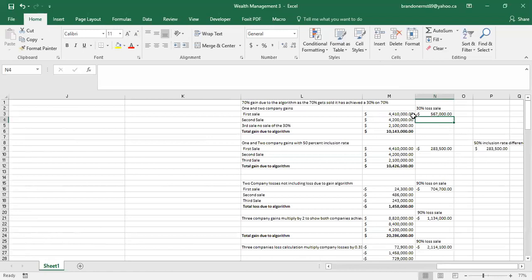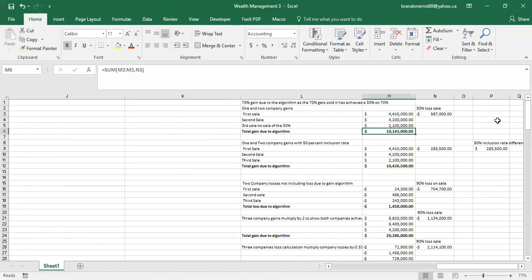So you've got 70% that's gaining 30%. 70% of your purchases are gaining 30%. So there's the numbers for the three sales. Those are going to be the gains. There's your losses for the 30%, and there's your total gain.